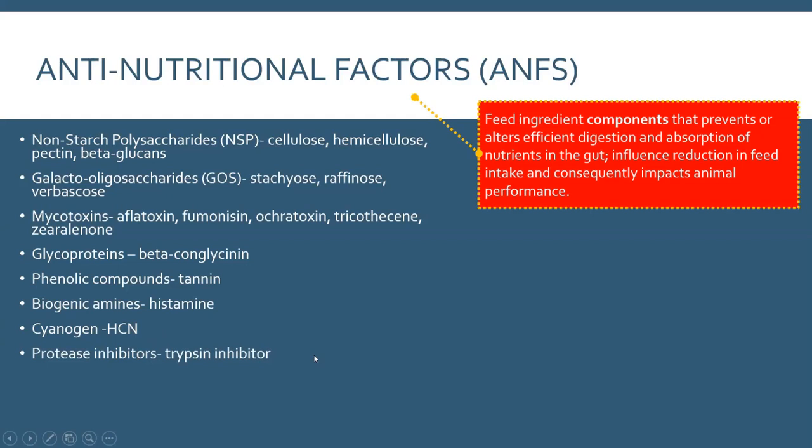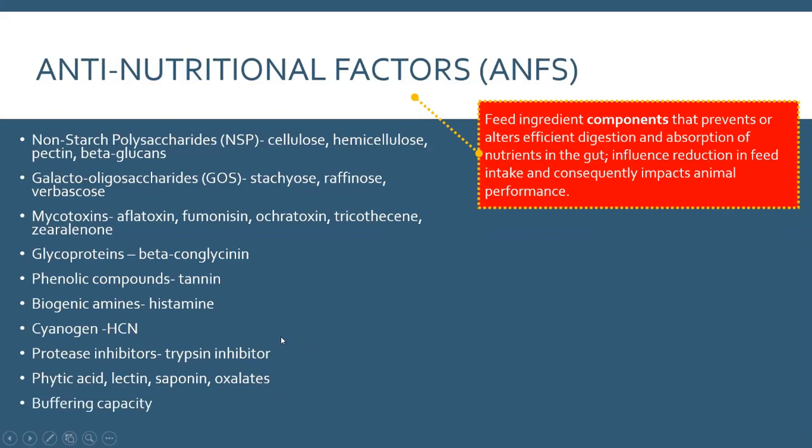And then protease inhibitors, so trypsin inhibitors are present in soybean, in canola, in other legumes, and oilseed meals. Phytic acid, lectin, saponin, oxalates. Phytic acid occurs mostly in plant origin, and that's the reason why we're using phytase in the diets, because phytic acids are everywhere.